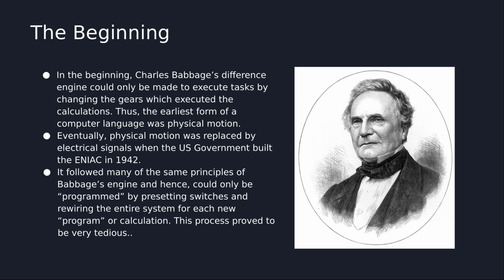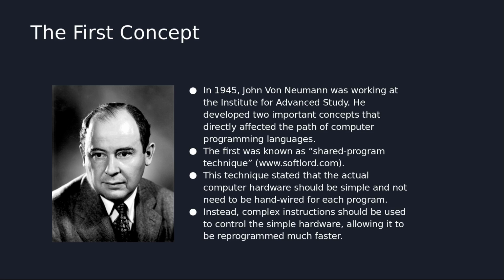Eventually, physical motion was replaced by electrical signals when the U.S. government built the ENIAC in 1942. It followed many of the same principles of Babbage's machine and hence could only be programmed by pressing switches and rewiring the entire system for each new program or calculation. However, over time, this proved to be extremely tedious.